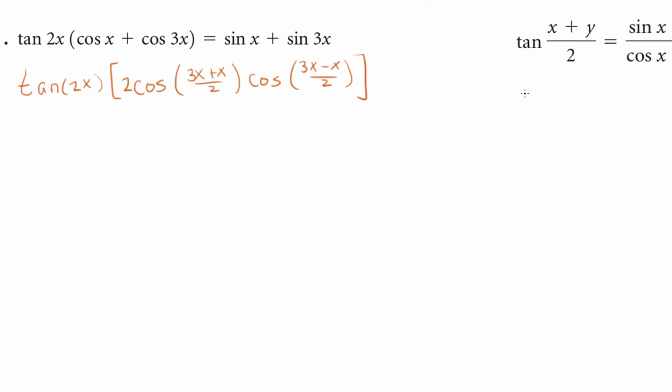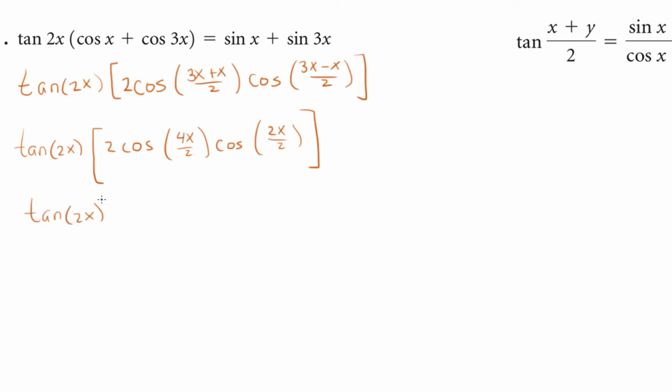That will give us, again, tangent of 2x times 2 cosine of 3x plus x, which is 4x over 2, and cosine of 3x minus x, which is 2x over 2. Then I can bring the 2 forward because this is all multiplication. So 2 tangent of 2x times cosine of 2x cosine of x.